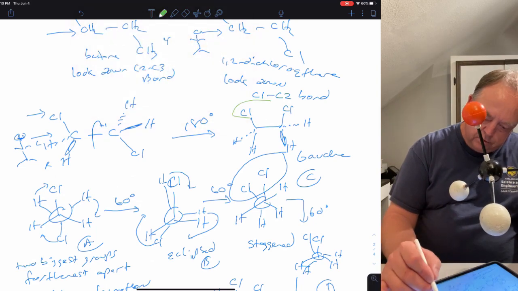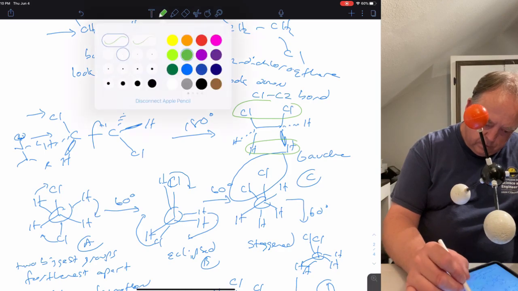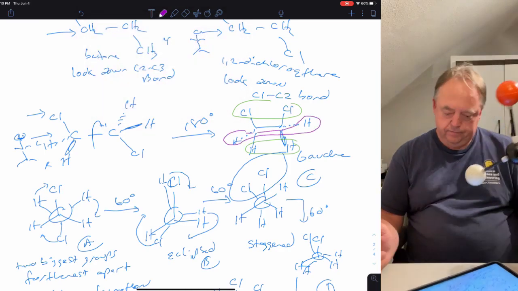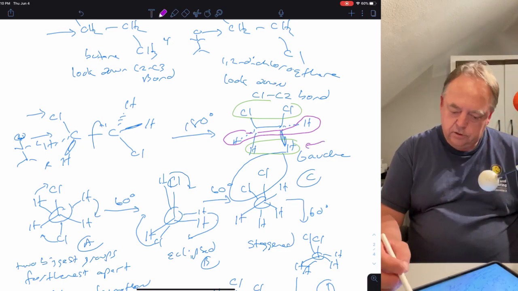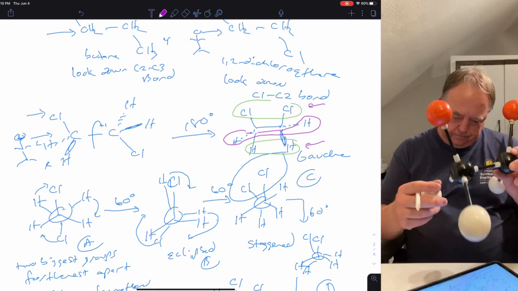Where these are eclipsed and these are eclipsed and these are eclipsed, because those are both back and these are both front, so they're eclipsed, and those are both on top, so they're eclipsed.